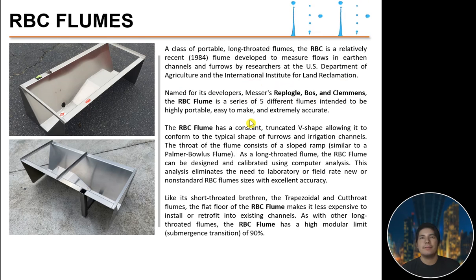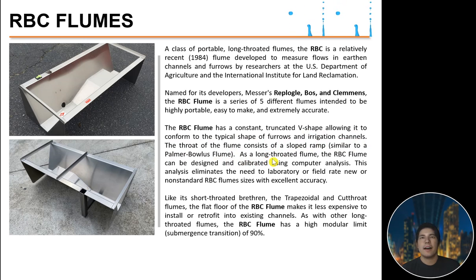Na? So it is a series of 5 different flumes intended to be highly portable, easy to make, and extremely accurate. So the RBC flume has a constant truncated V shape, allowing it to conform to the typical shape of furrow and irrigation channels. The throat of the flume consists of a sloped ramp similar to the Palmer Bowlus flume.